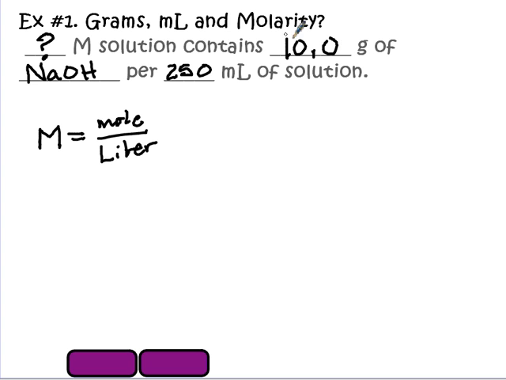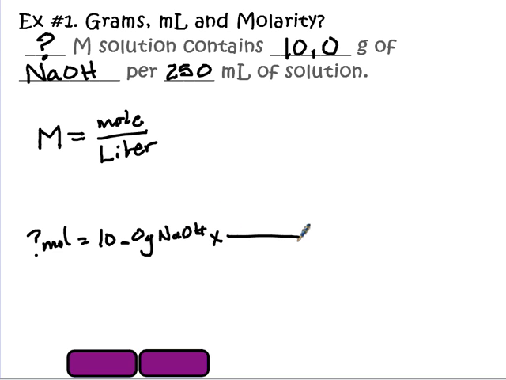In this case, I've been given that I have 10 grams of sodium hydroxide. It's in grams. And I told you that one thing that's very common is you're going to have to change grams into moles in order to use it in this equation, right? So I'm going to do that first. I'm going to change the 10 grams into moles. So I want to know how many moles of sodium hydroxide is equal to 10 grams of sodium hydroxide.